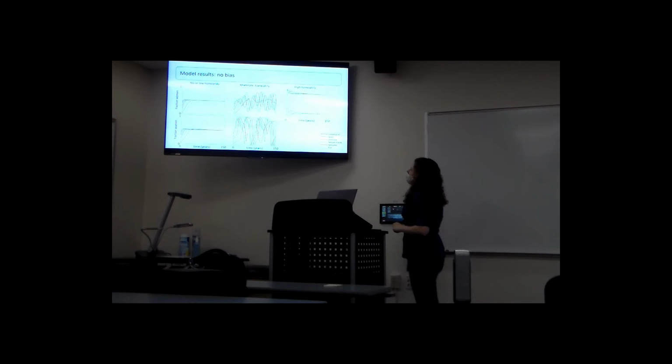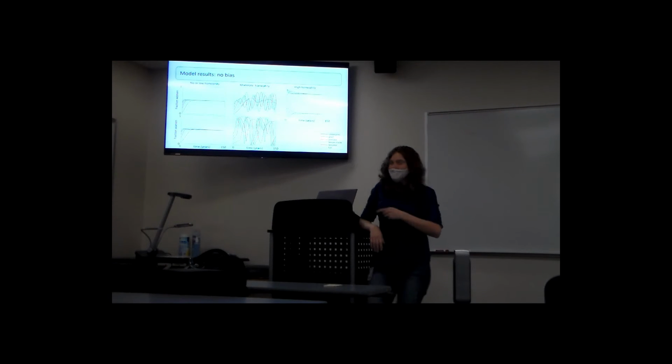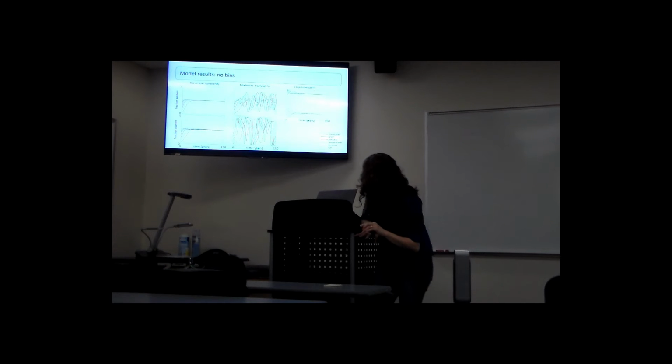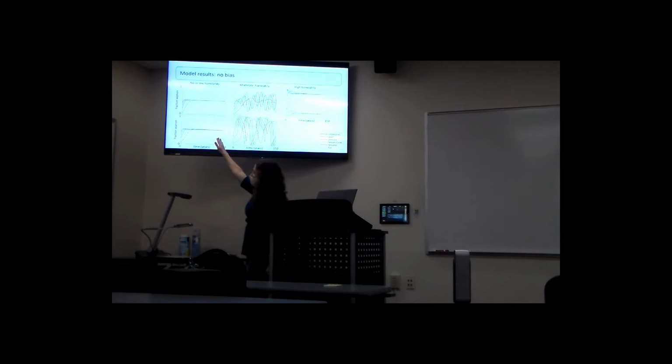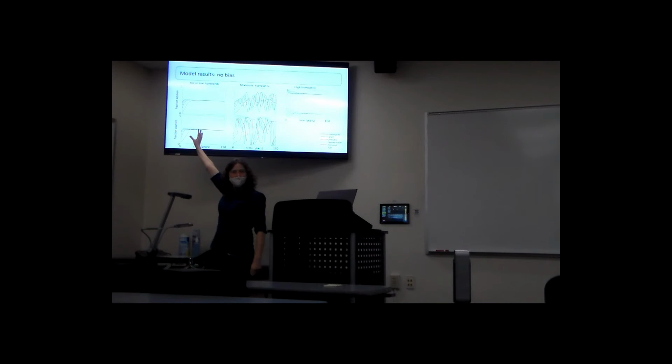Okay, so not talking about any of the math, here's what simulation results give us when there's no bias. When there's no bias and no homophily, like people don't care so much about what the fractions of gender are, things go to equal gender pretty quickly.